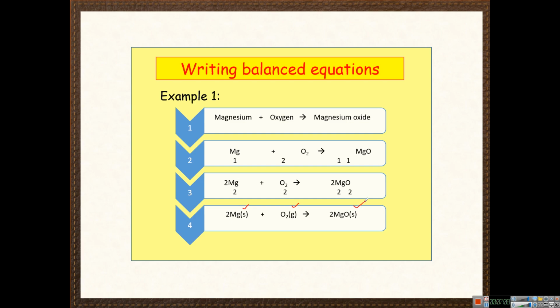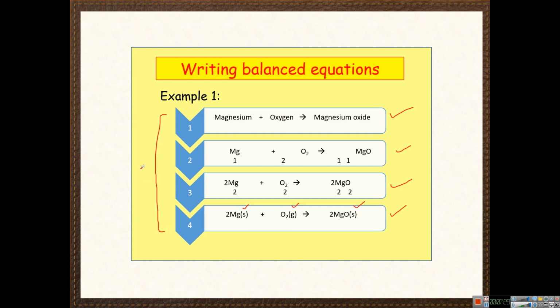It's also solid, right? So please remember these 4 steps. First, write the word equation, then write the symbol equation, balance that equation, and then write the states, right? So this is the perfect way of doing the balancing process for any equation you want.